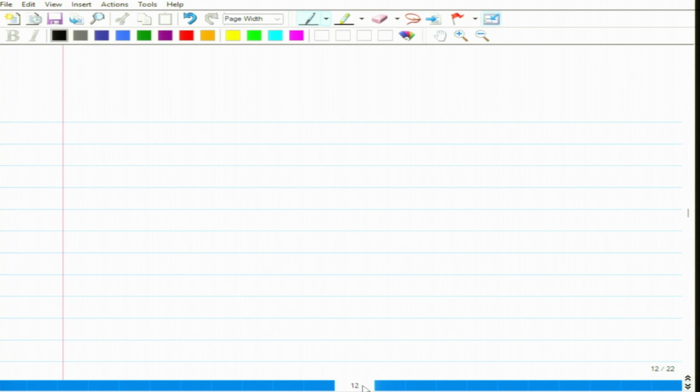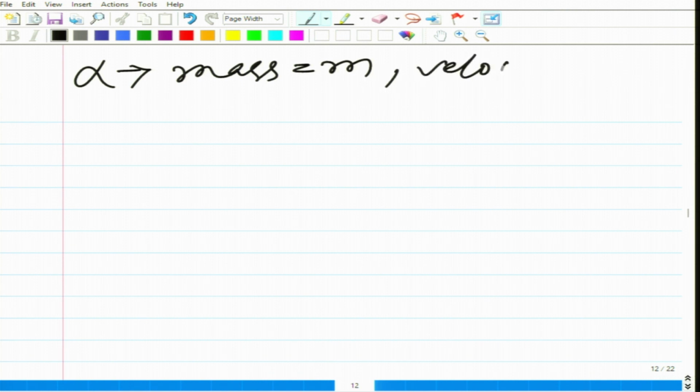Consider an alpha particle of mass m, moving directly at the nucleus with a velocity v.